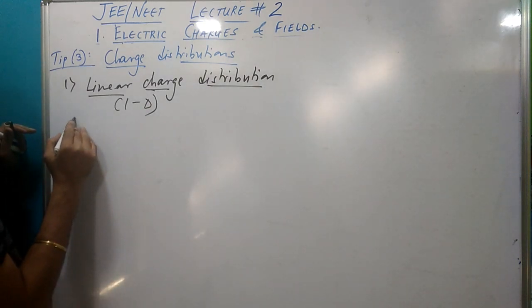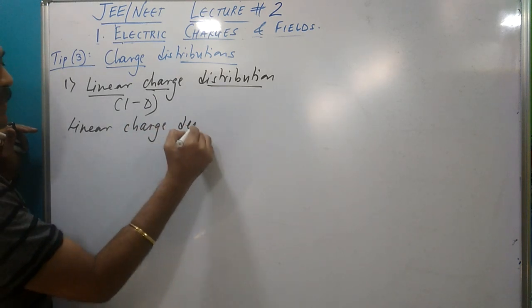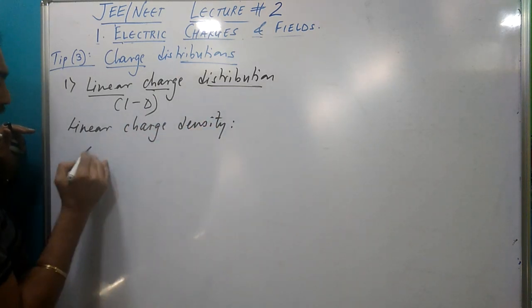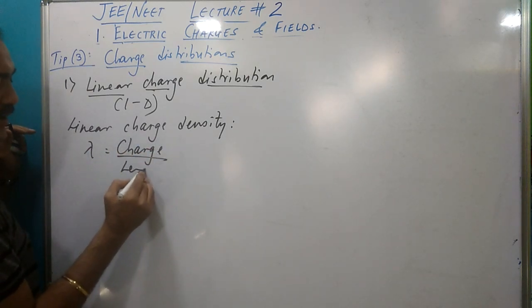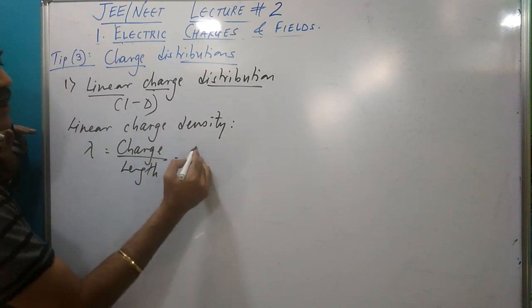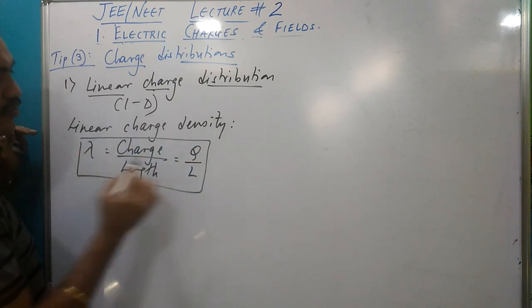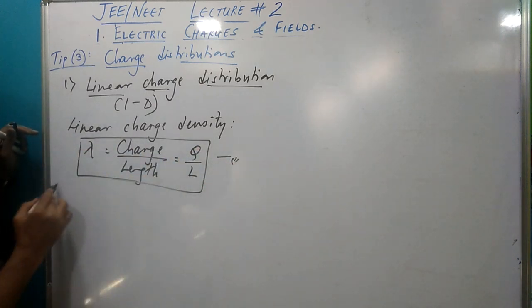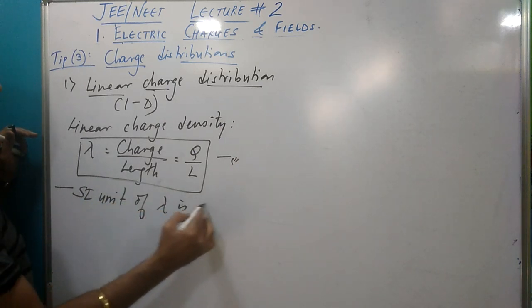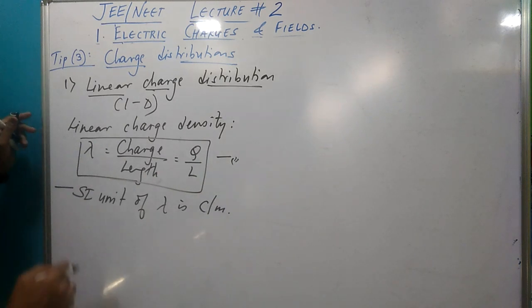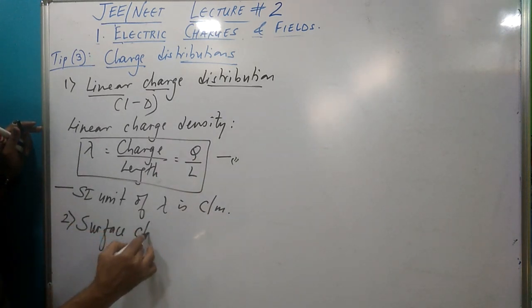So we've defined linear charge density lambda as the charge per unit length. So charge is q, let us say length is L. So lambda is q by L. And looking at this, the SI unit of lambda is coulomb per meter.